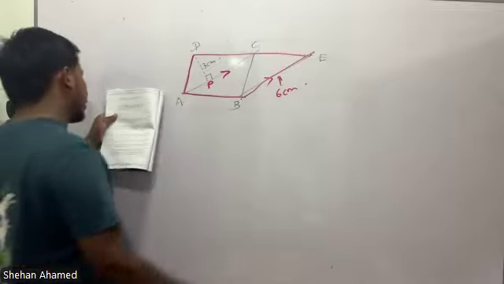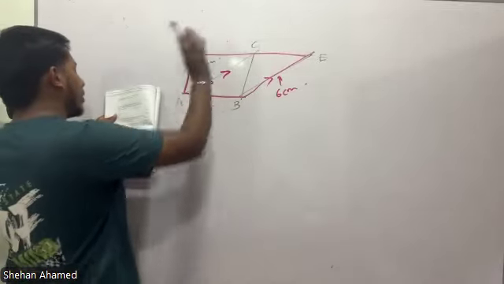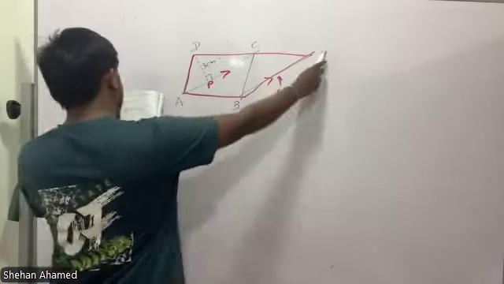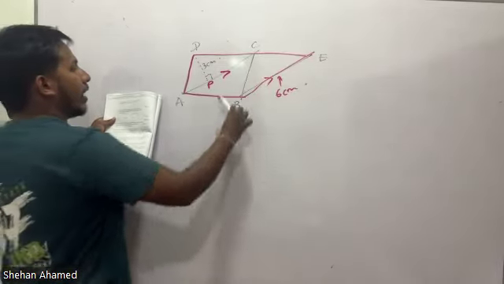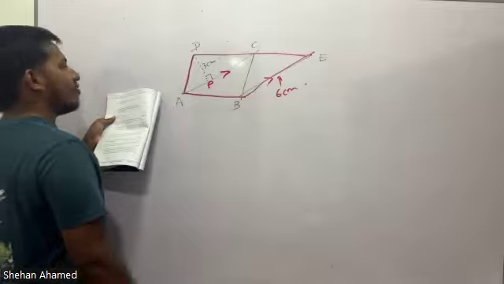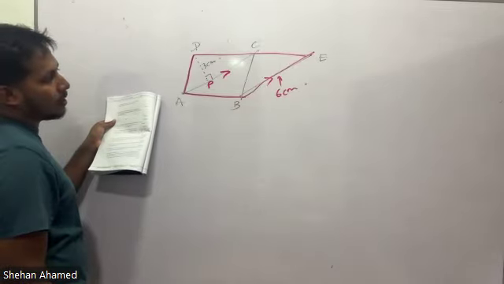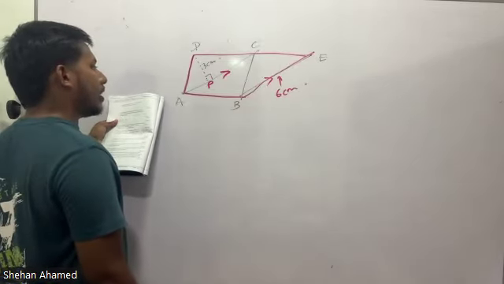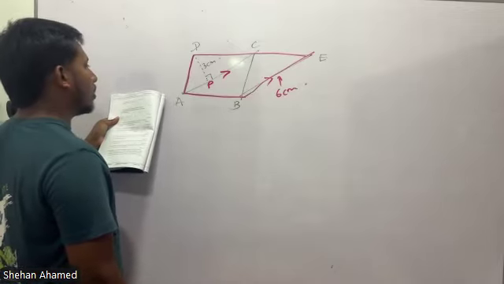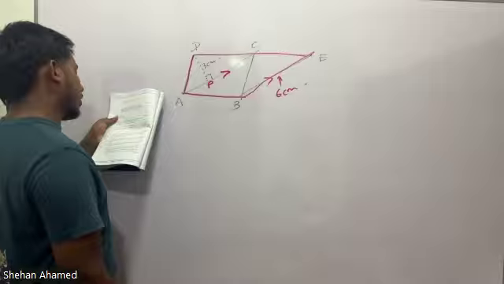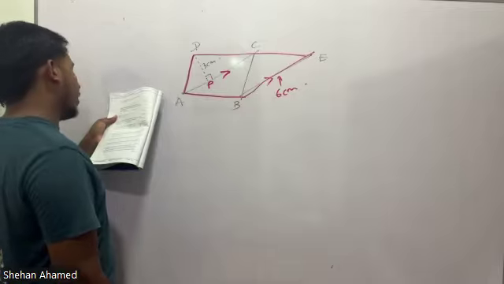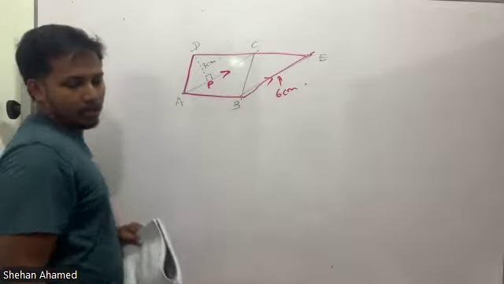Now again, let's read the question. ABCD is a parallelogram. DC has been produced to E such that AC is parallel to BE. If BE is equal to 6 centimeters and DP is equal to 3 centimeters, find the area of the trapezium ABED.